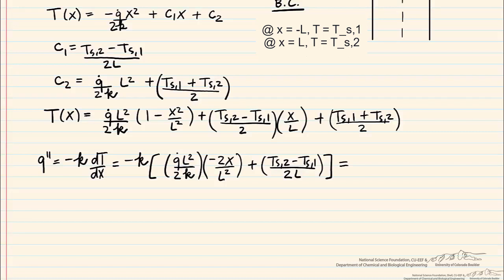And this is equal to, simplifying it further, q dot times x minus k times Ts2 minus Ts1 over 2L. And I got this by just taking this temperature distribution that I have up here and taking the derivative of it with respect to x.